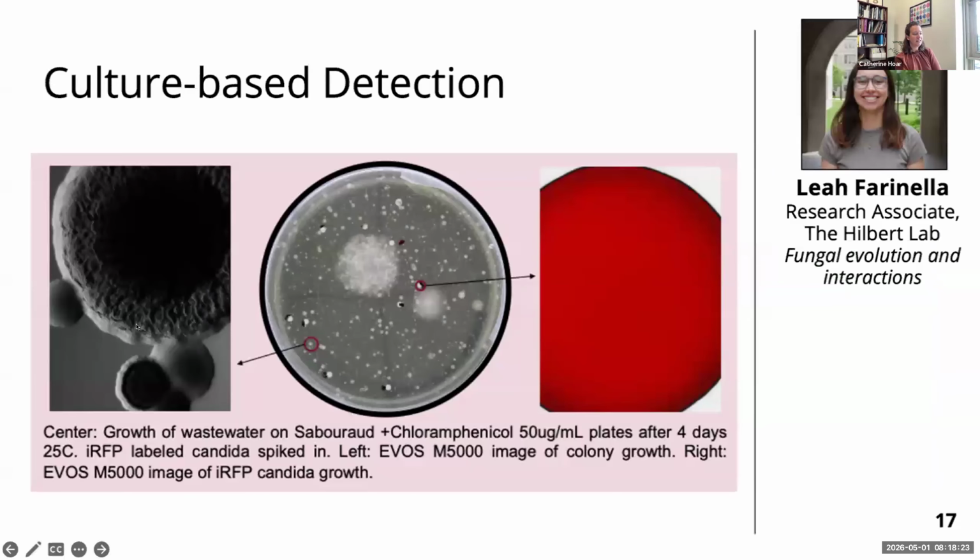And then another thing that Leah's been working on is looking at decay of viability of specific controls that we spike in. So we've been using some labeled Candida species that we're spiking in to try and track decay of viability over time.